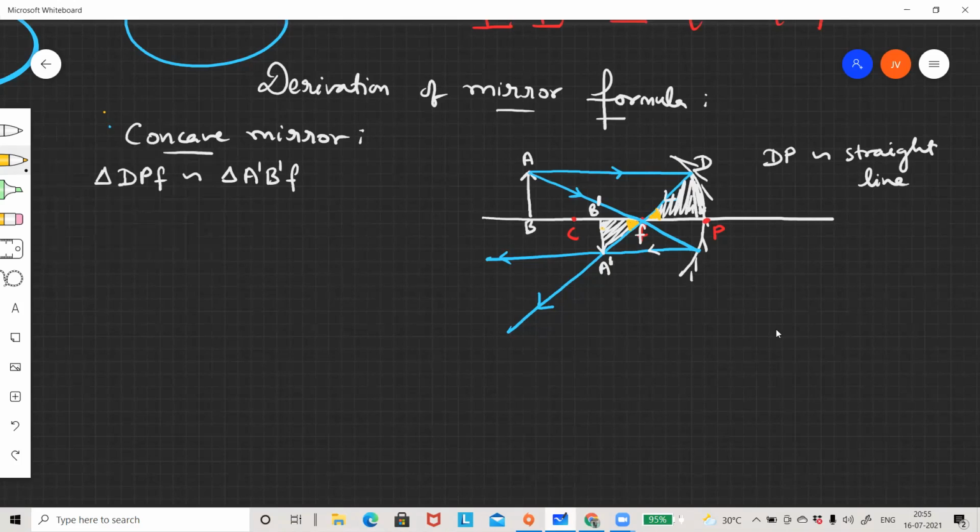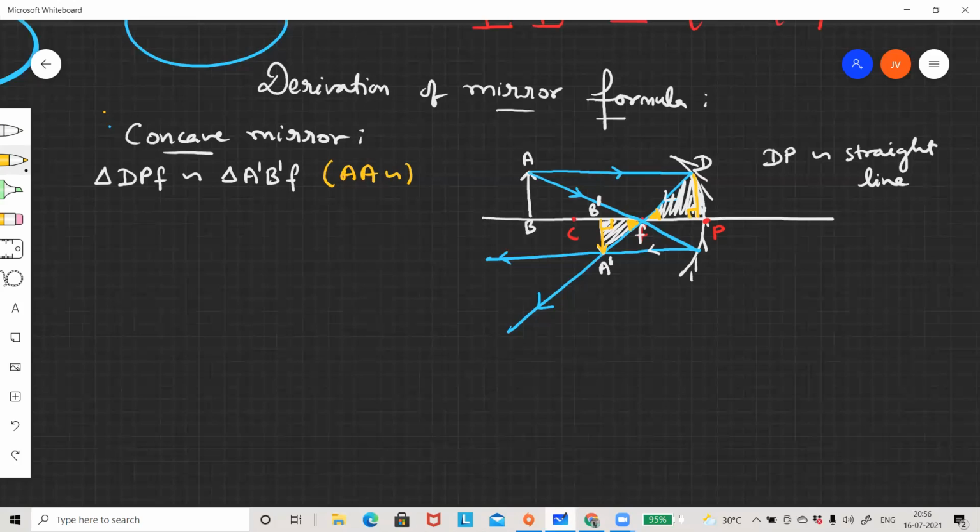And this is 90. That means the image is perpendicular to the principal axis, and even DP is approximately a straight line. So this is also 90. For the two triangles, vertically opposite angles are equal, and angle A prime B prime F is equal to angle DPF.